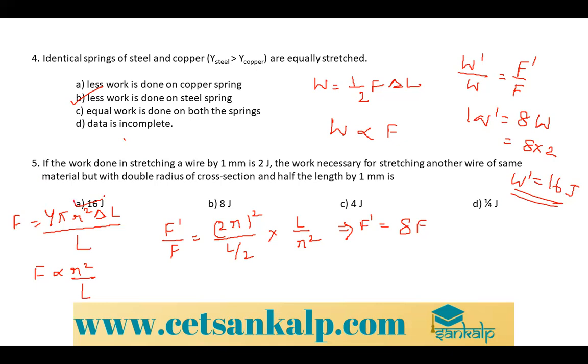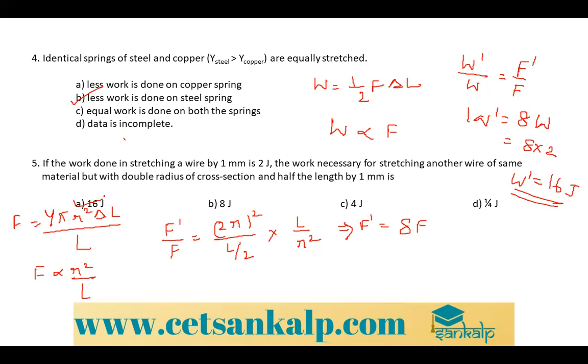I'll repeat once again. We have the formula F is equal to Y pi R square delta L divided by L. Instead of writing A, we have written pi R square. As you know, here Young's modulus is constant, and pi is also constant. The elongation has no relation with that.